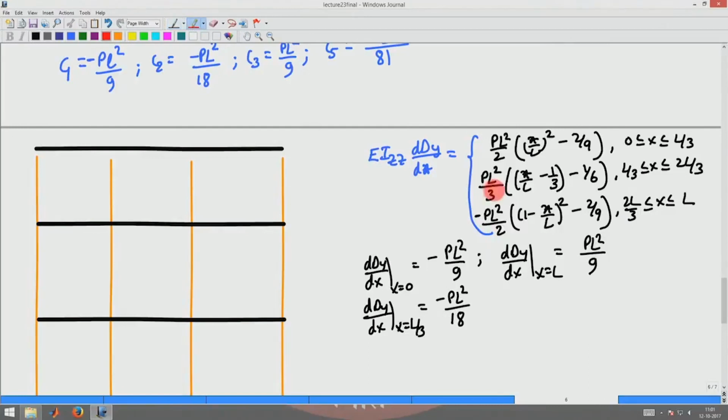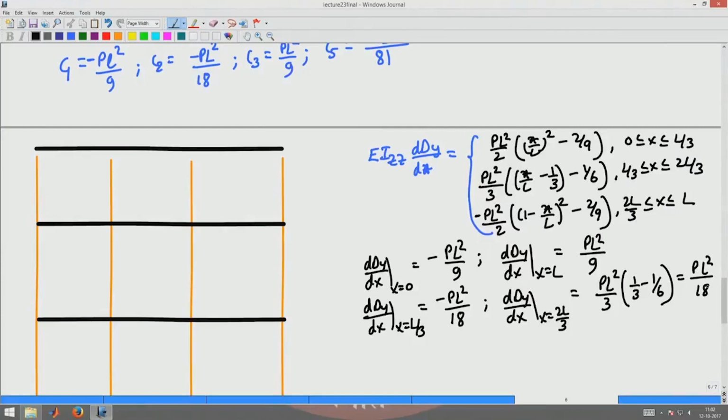We obtain this by substituting x equal to L by 3 in this equation, and d delta y by dx at x equal to 2L by 3 would be, substituting again x equal to 2L by 3 in this equation, PL square by 3 into 1 by 3 minus 1 by 6, which will be PL square by 18.